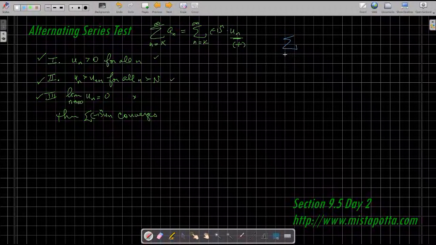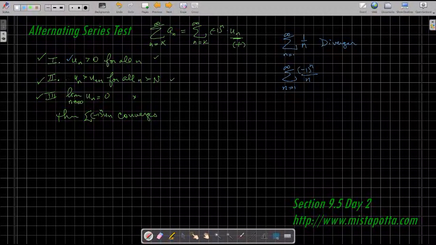The harmonic series that we've been talking about extensively, this diverges. But as soon as I slap a -1 to the n in there, now it is alternating. 1 over n is positive for all values of n.